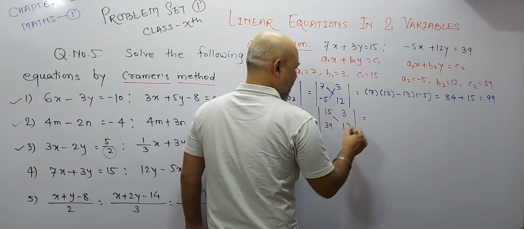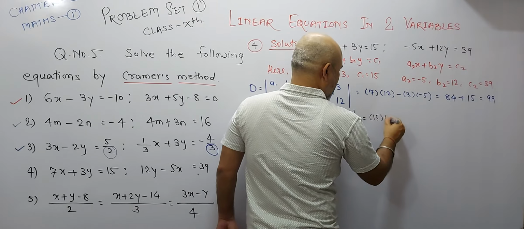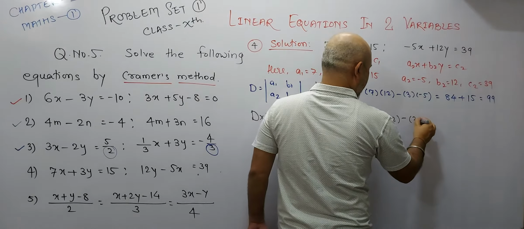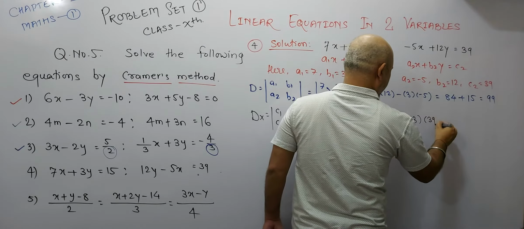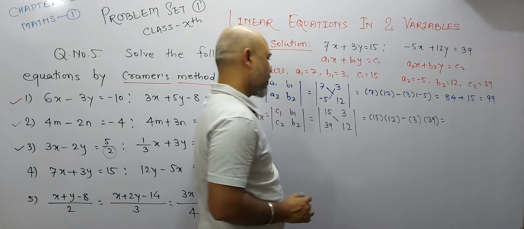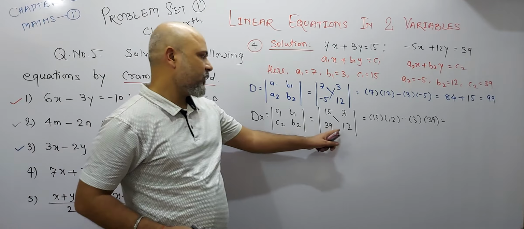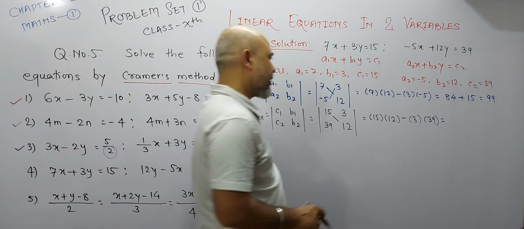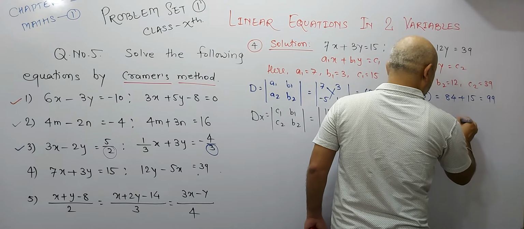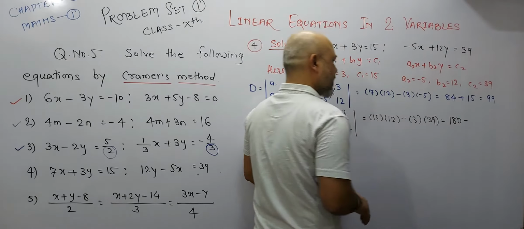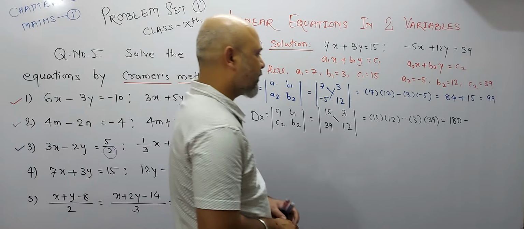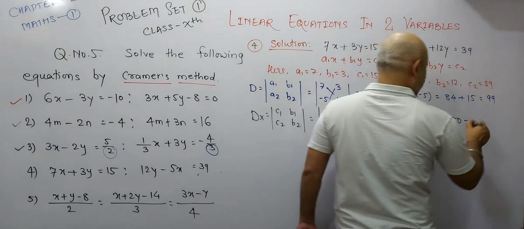15 multiplied by 12 minus 3 multiplied by 39. Okay. So 15 multiplied by 12 minus 3 multiplied by 39. So 15 multiplied by 12 is 180 minus 39 multiplied by 3 will be 170.